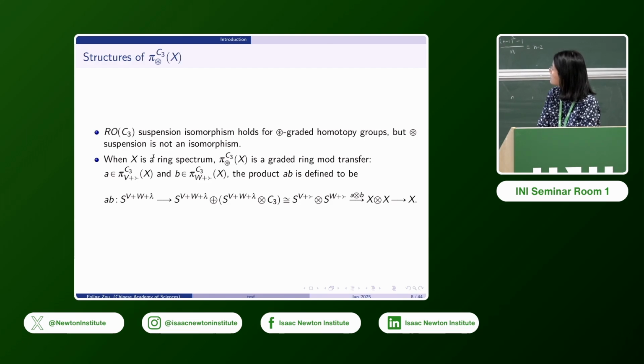So if X is a ring spectrum, then this spoke-graded homotopy group is a graded ring, mod transfer, in the sense that if I have two genuinely spoke-graded elements, I can tensor them together as I would for an ordinary RO(G) homotopy group. But then this is equivalent to a sum of two things, and I'm just picking this representation cell, and that's a product of a, b.